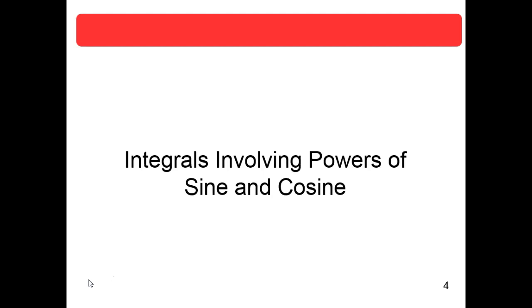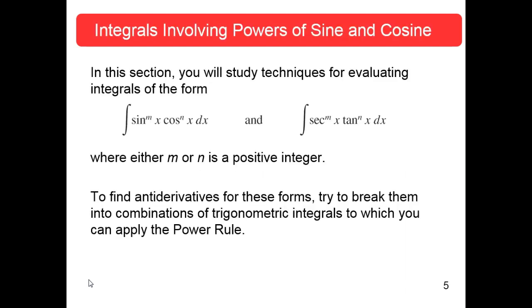Okay. So the integrals involving powers of sines and cosines. In this section, you'll study techniques for evaluating integrals that are of this form: sine mx, cosine nx, and then later secant mx and tangent nx, where the m's and the n's are your exponents.